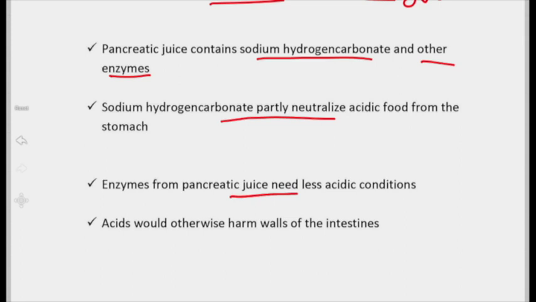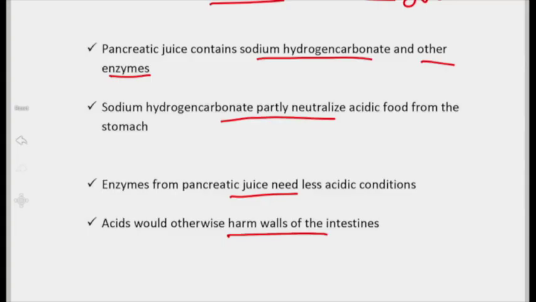As we said earlier, the pancreatic juice contains all the enzymes and they don't need the acidic status coming from the stomach. That condition has to be neutralized thanks to sodium hydrogen carbonate, which does that to enable all these enzymes from the pancreas to work properly.